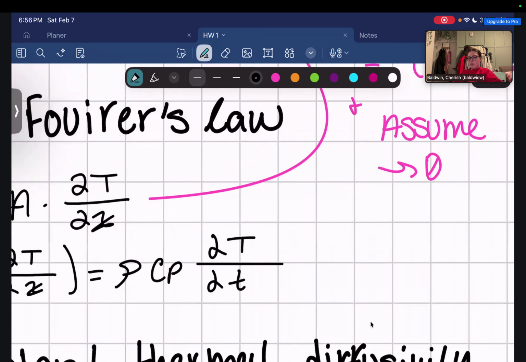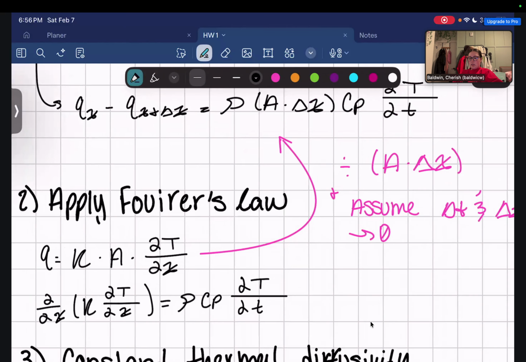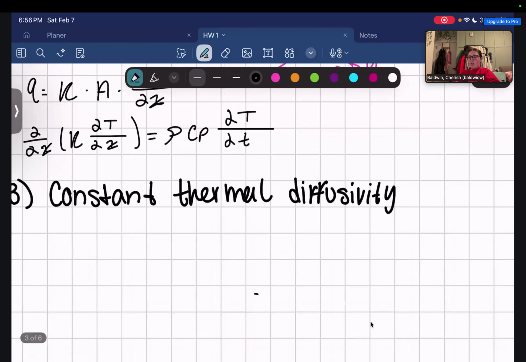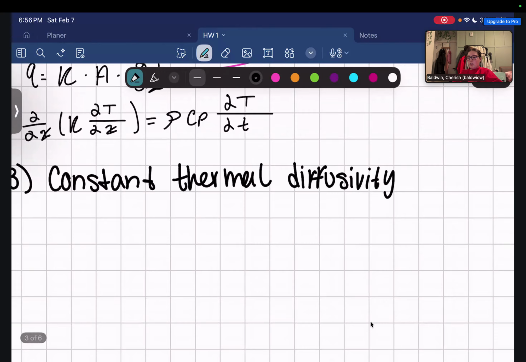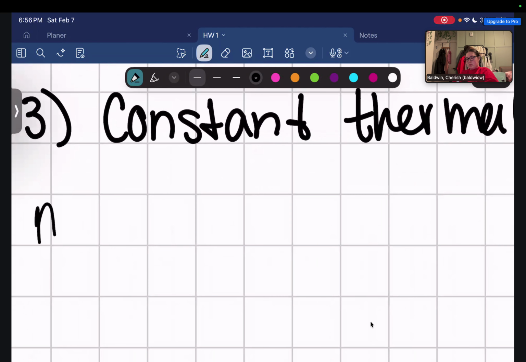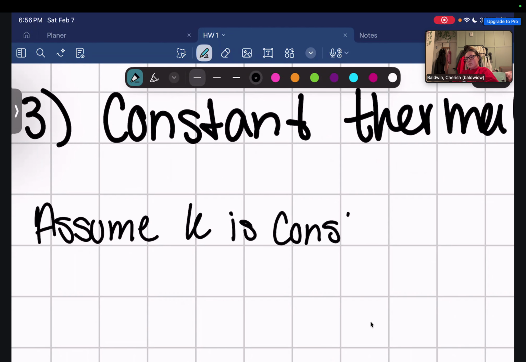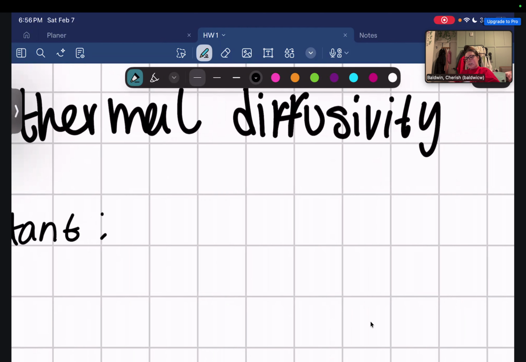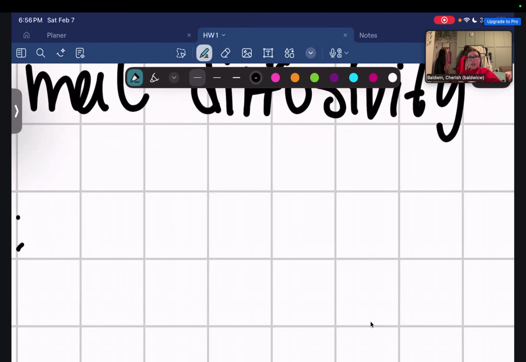All right, so now that we applied Fourier's law, we can go to the constant heat diffusivity. So we assume K is constant. Therefore, we can take it out.